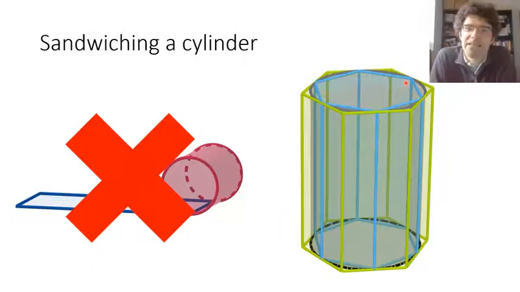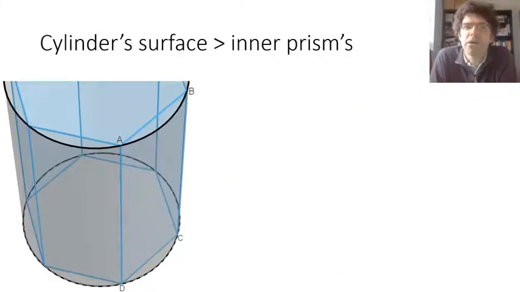And it's going to be the height multiplied by the perimeter of each of the polygons at the base there. Now, you may think it's then intuitive that the surface area of the cylinder would be between the surface area of those prisms, just like the circumference of the circle was between the 2 polygons.